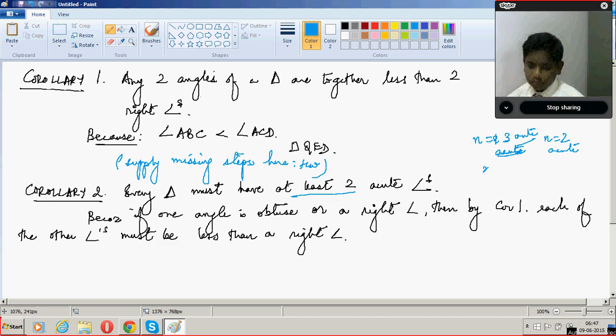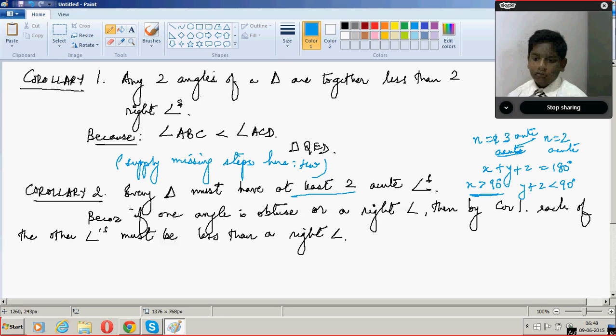See, if you take x plus y plus z equal to 180 degrees, and let us say x is greater than 90 degrees, then y plus z should be less than 90 degrees.